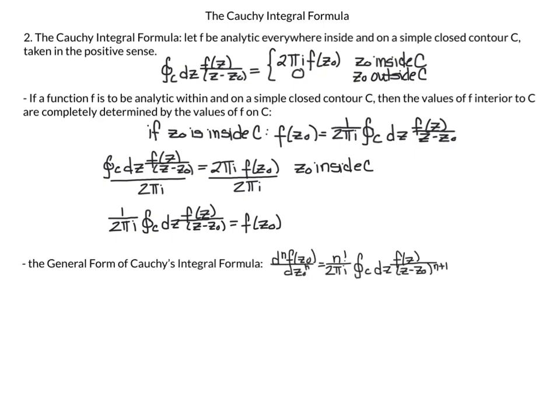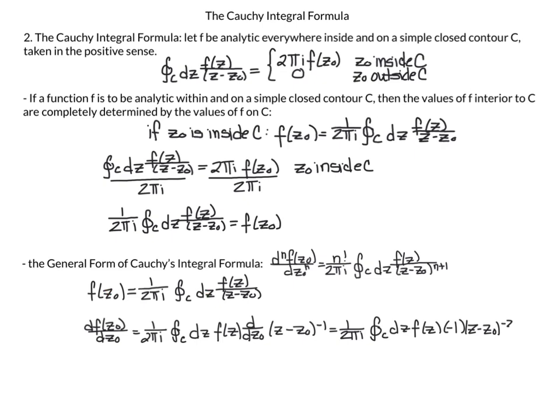The next thing we have is the general form of Cauchy's integral formula. To derive that, we're going to start with the form we have here, f of z naught is equal to 1 over 2 pi i integral over C of f of z over z minus z naught. I can take the derivative of both sides of this equation with respect to z naught.